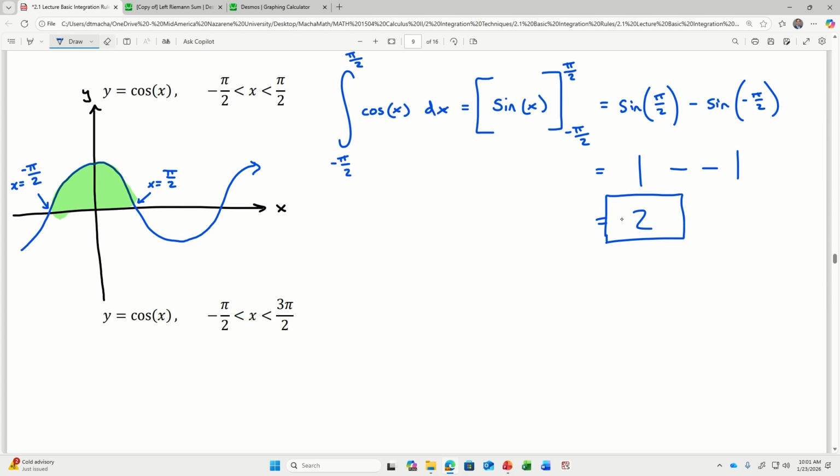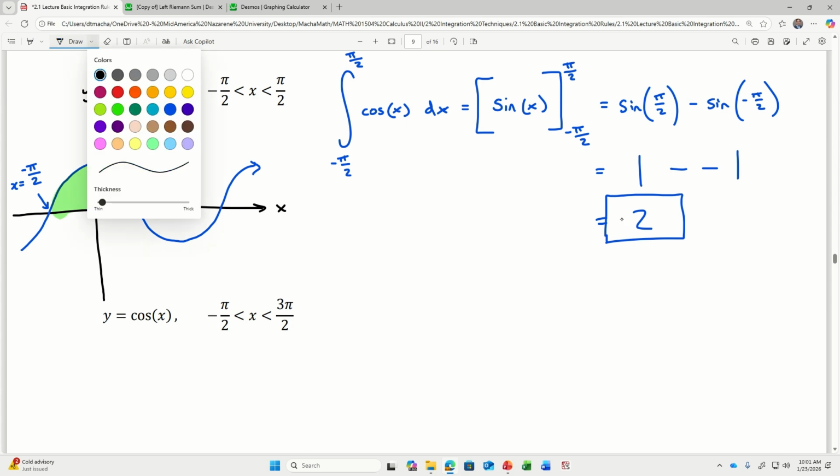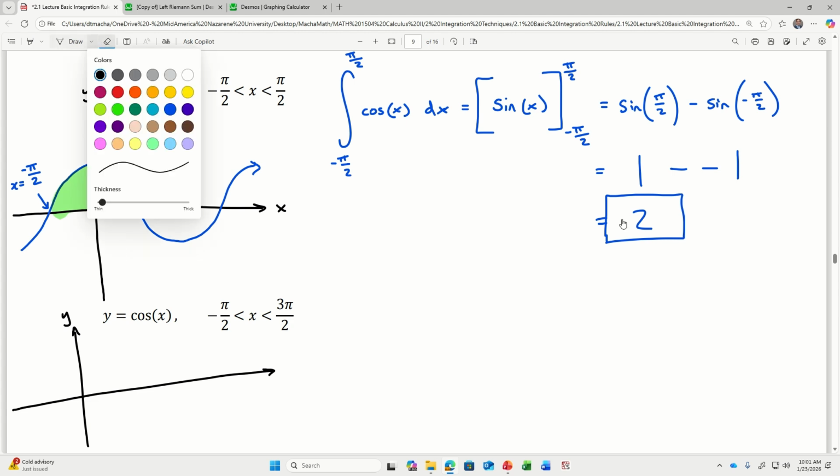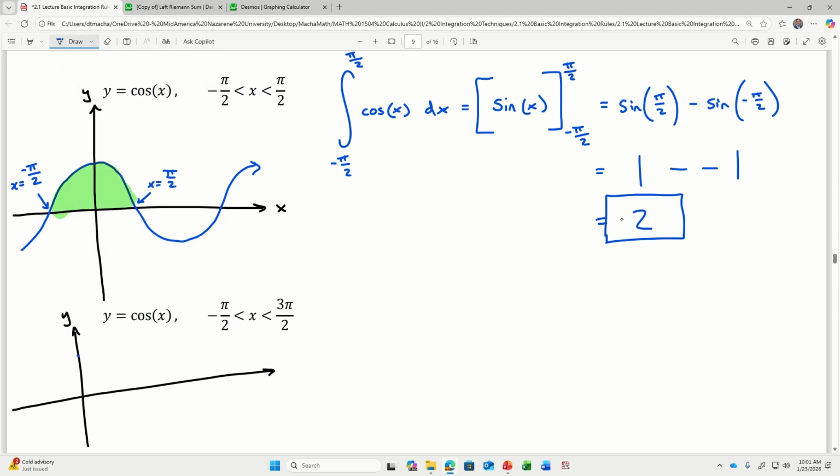The next question right below it is asking again about the same function cosine x, but it wants to know what is the area from x equals negative pi over 2 up to x equals positive 3 pi over 2.